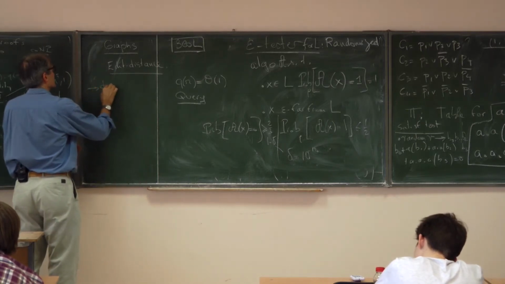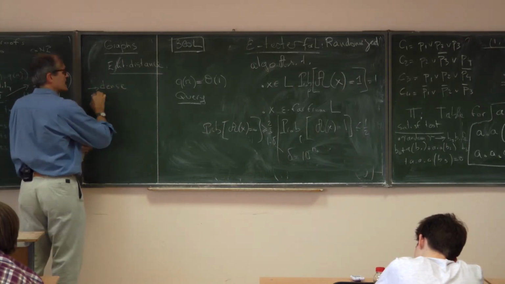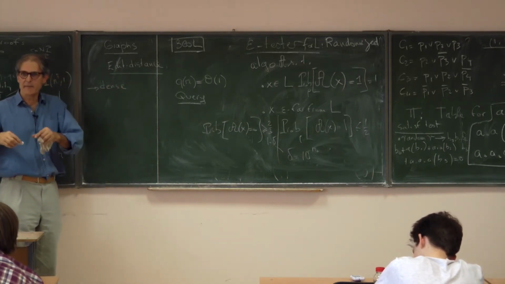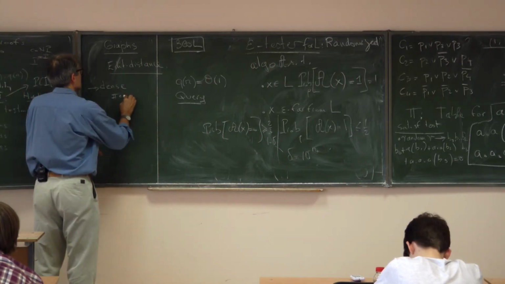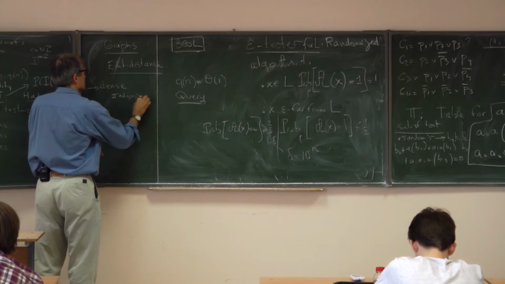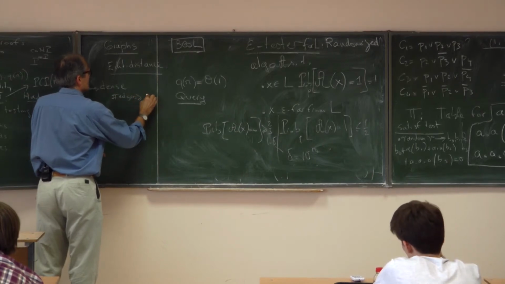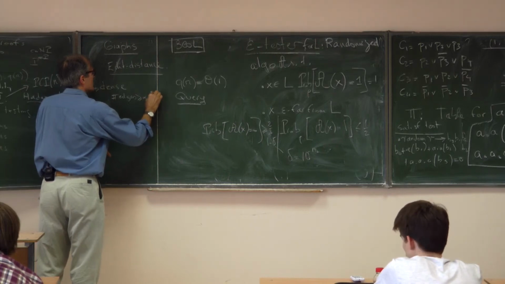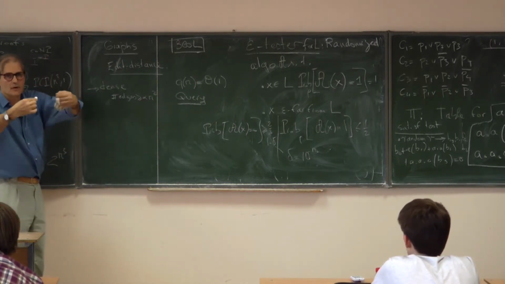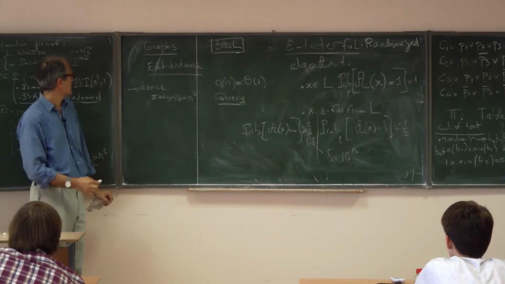There are two cases. You have the case of dense graphs. Think of graphs with many edges. Technically, the number of edges is bigger than a fraction of n squared, so you have order of n squared edges.